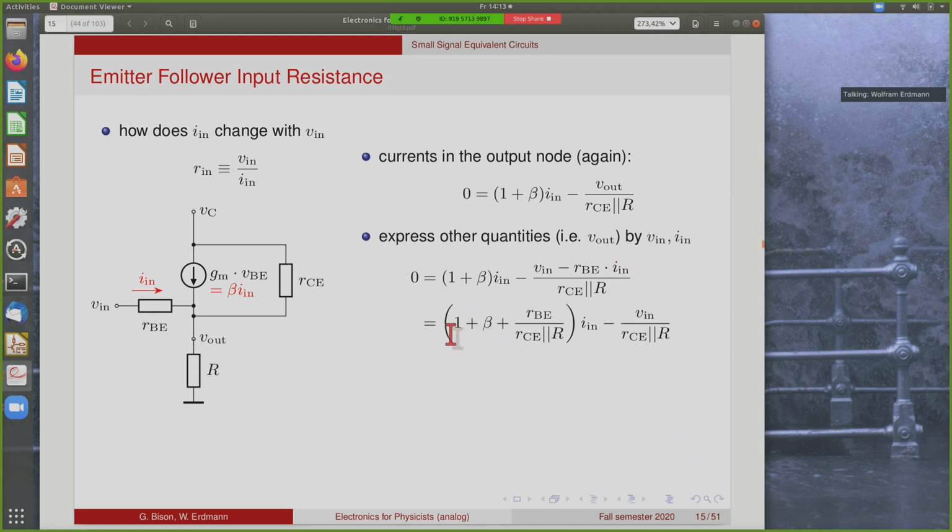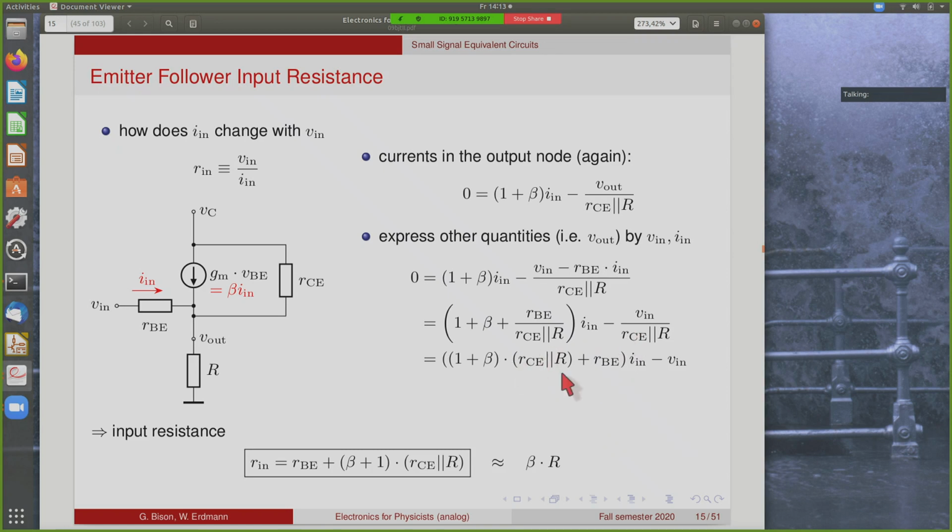Rearranging and sorting the terms, we have 1 plus beta times RBE over RCE parallel R multiplied by I in, and we have minus V in divided by RCE parallel to R times the input voltage. So the input resistance is then simply the ratio of the two. We can multiply it by RCE parallel R, and then we get simply this expression.